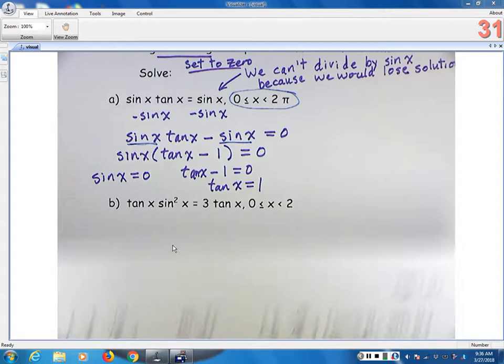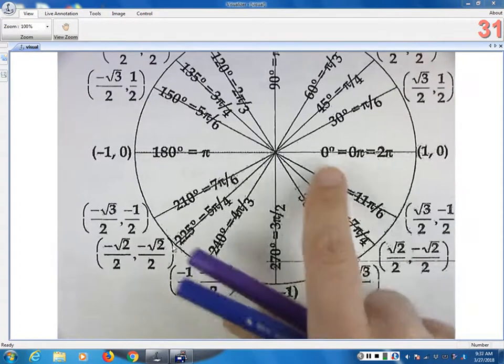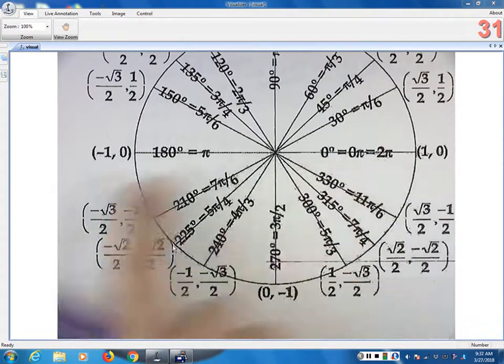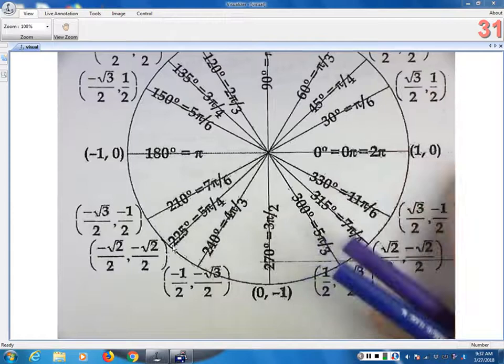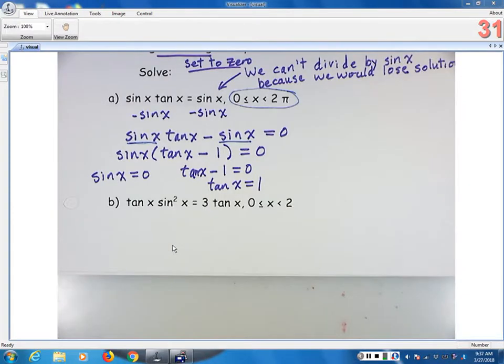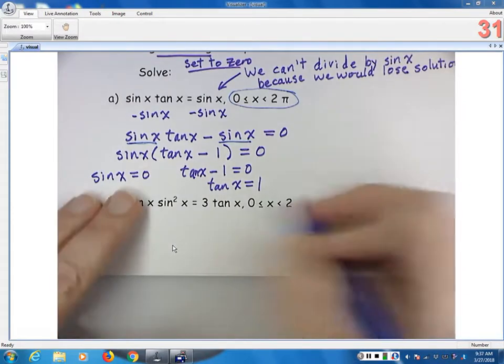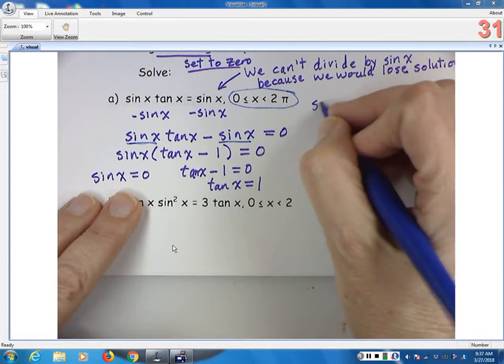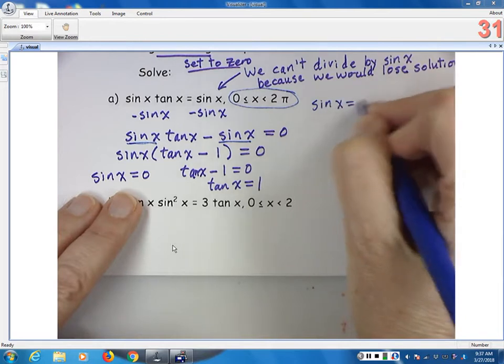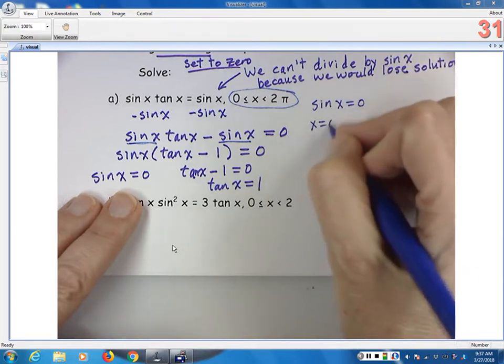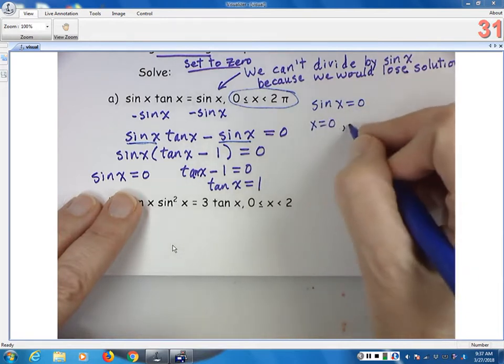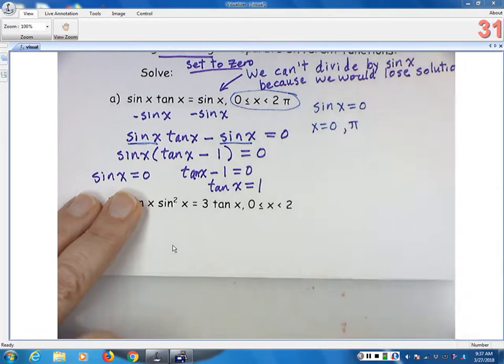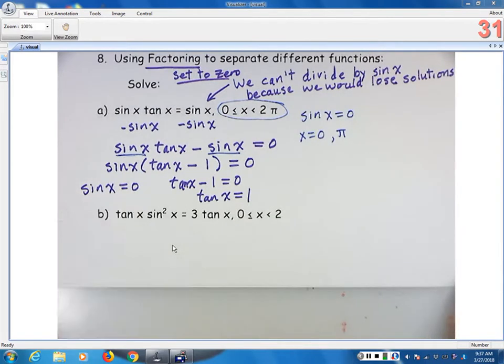At 0 and pi, sine is 0. So for the first one, sine x equals 0, x equals 0 and pi. That's where sine is 0 on the unit circle.